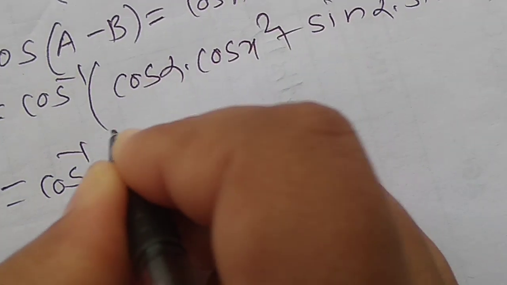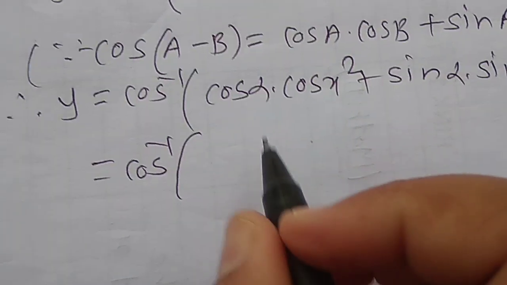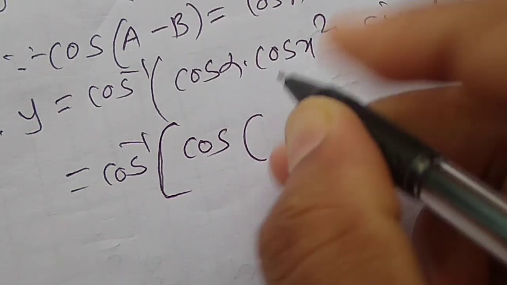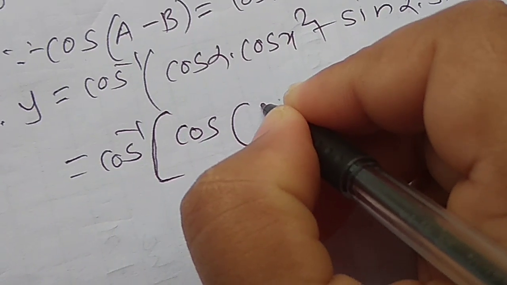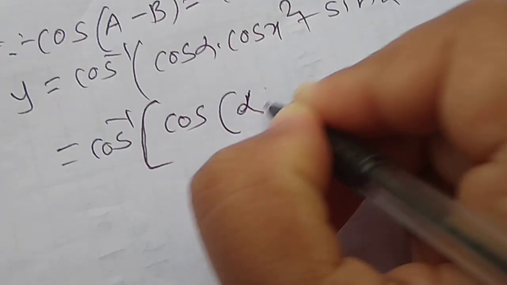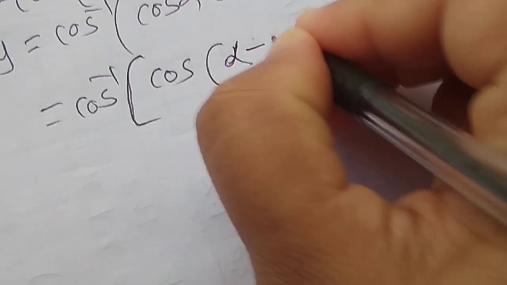So it can be written as in this formula, therefore cos of alpha minus x square.